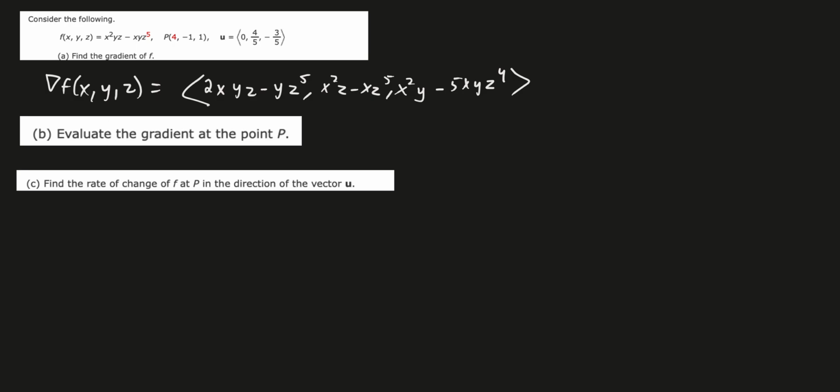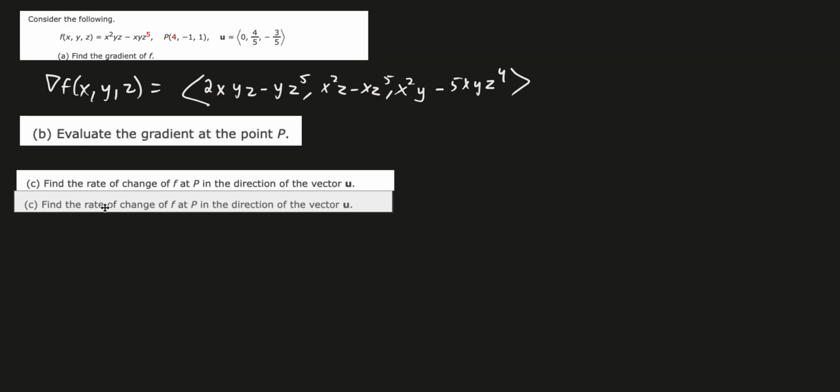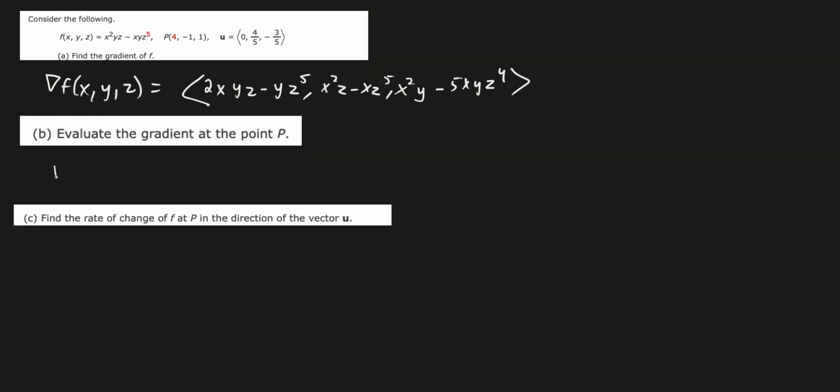Let's evaluate the gradient at our point. The gradient at the point 4, -1, 1 is not too hard to do. We just have to evaluate. I need to get some more room, so I'll do it down here.